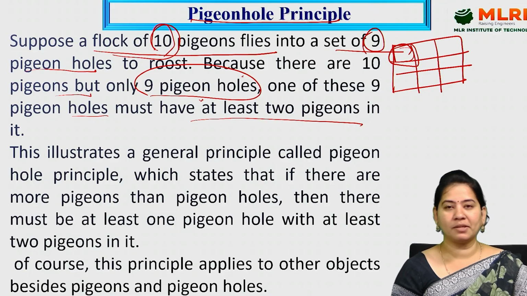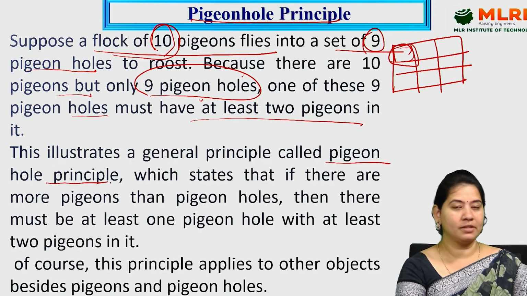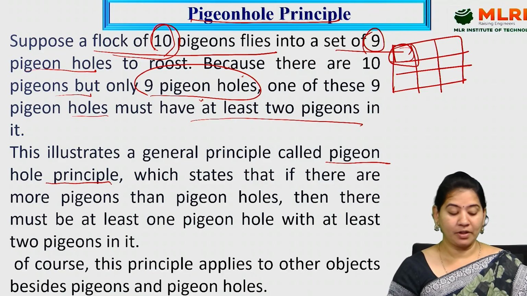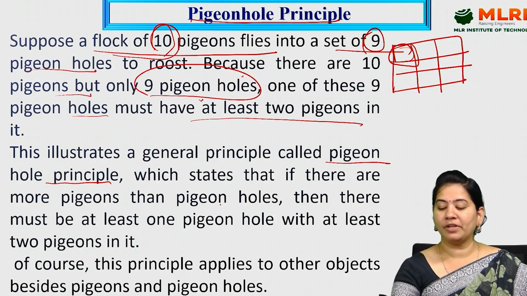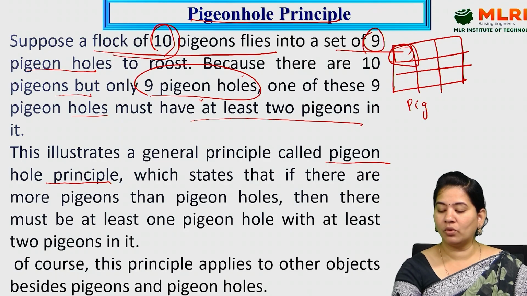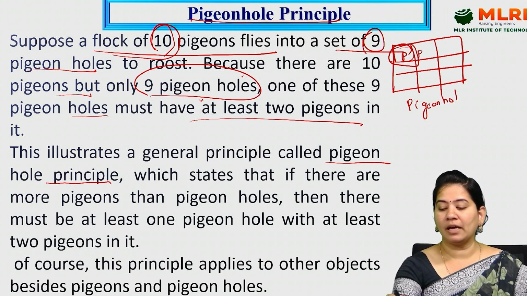This illustrates what we call the pigeonhole principle, which states that if there are more pigeons than pigeonholes, these boxes being the pigeonholes and the 10 pigeons coming in, then definitely one pigeonhole box will contain at least 2 pigeons.